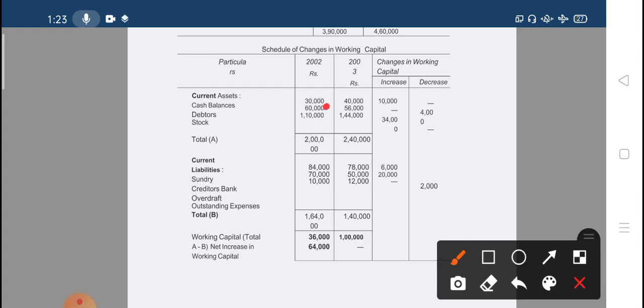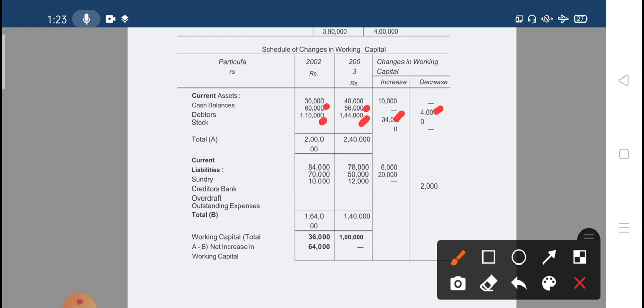Debtors 60,000 for 2002, 56,000 for 2003. So there is a decrease of 4,000, that is written here. Then stock 1,10,000 for 2002, 1,44,000 for 2003. So an increase of 34,000, that is written here.